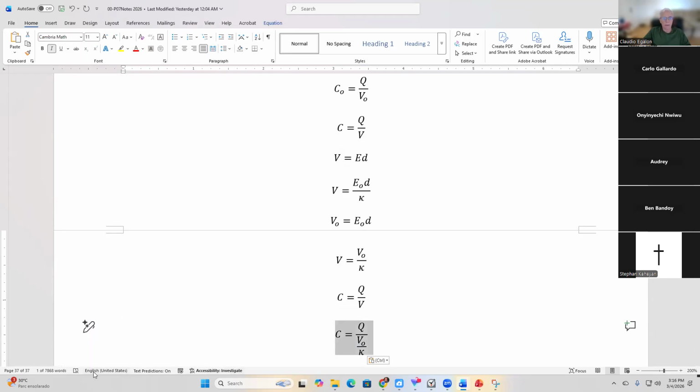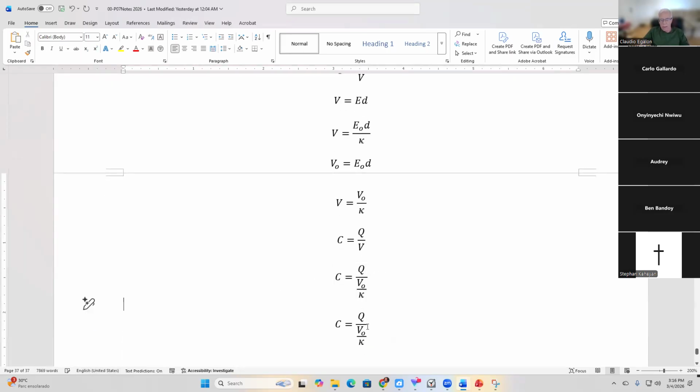The kappa, not the K, the kappa, can be placed at the numerator, right?